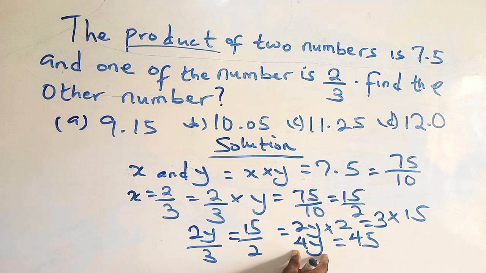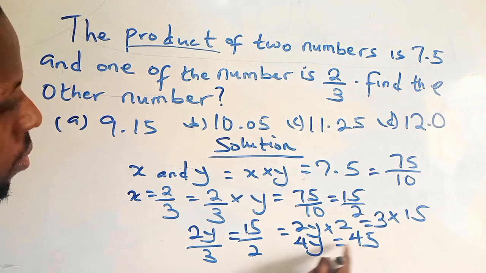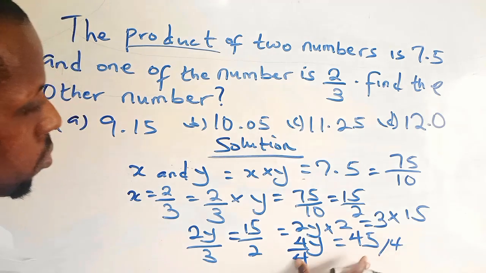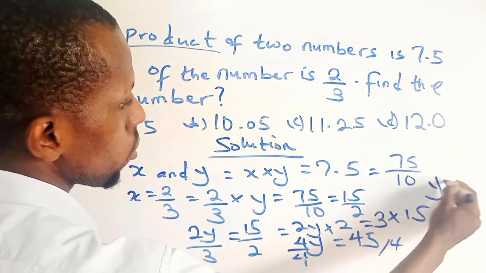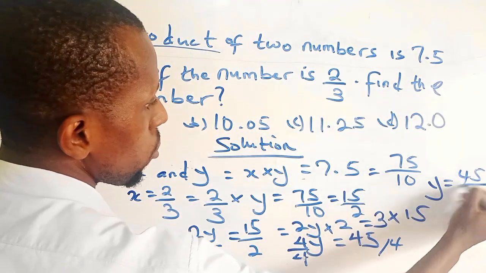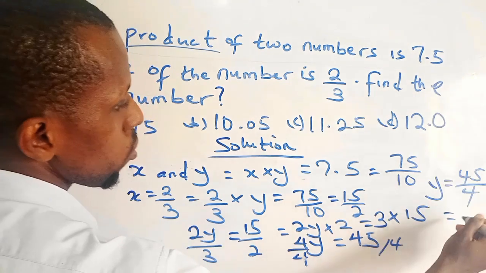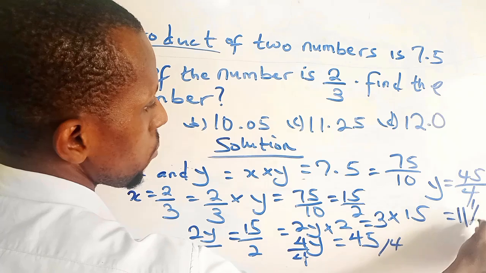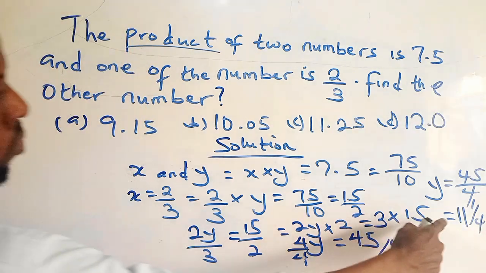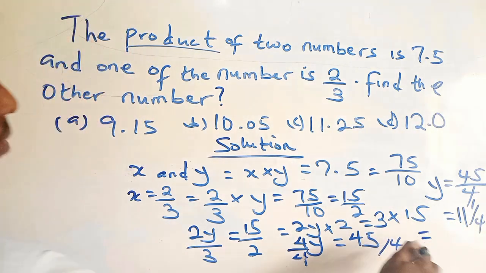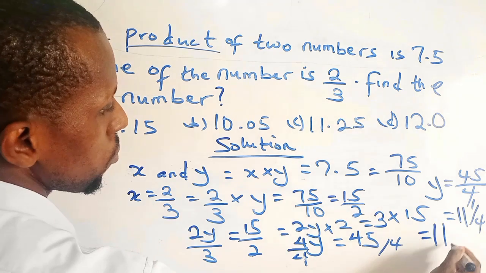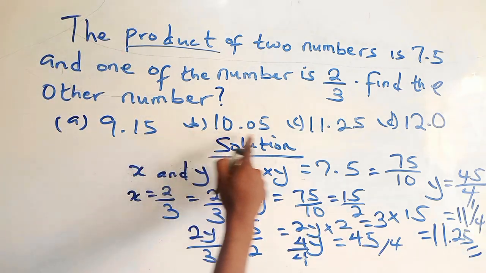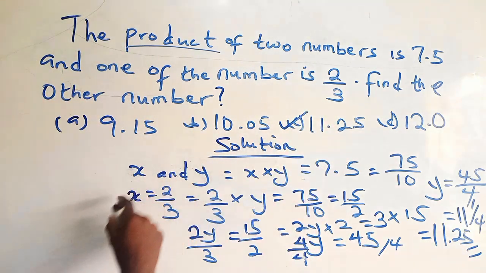I can easily get y by dividing both sides by the coefficient of y, which is 4. So y equals 45 over 4. When you change it to a mixed fraction, you have 11 whole number 1 over 4, but written as a decimal, you have 11.25. So from the given 4 alternatives, C is the best answer.